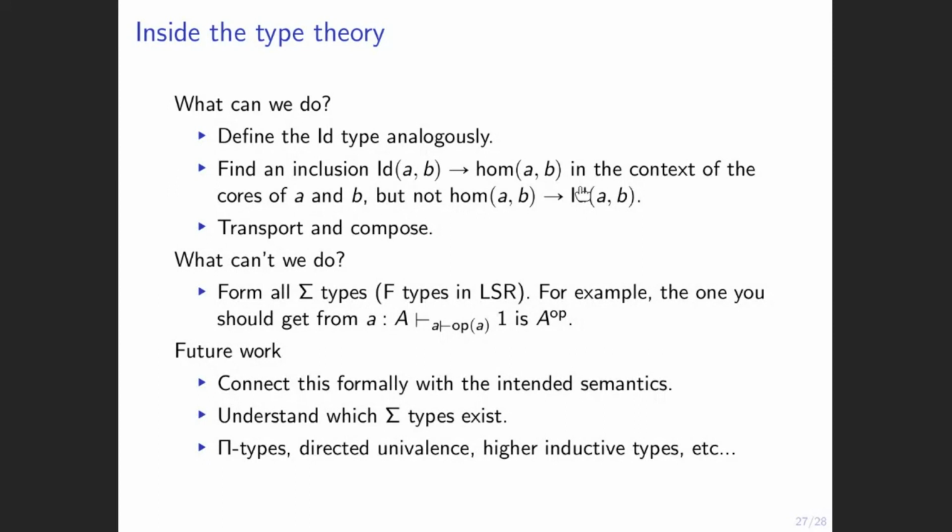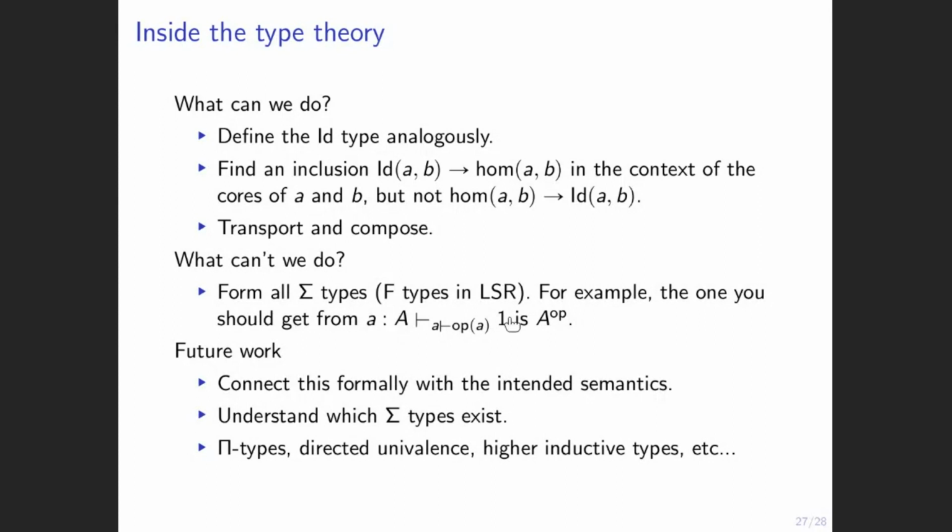Still, one mysterious thing is that I'm following quite closely this work by Licata, Shulman, and Riley, but they couch it all in terms of something like a sigma type, which they call an F type. And then they derive many of the rules that I gave just from the rules for the F types. But a strange thing is that these sigma types produce opposite types.